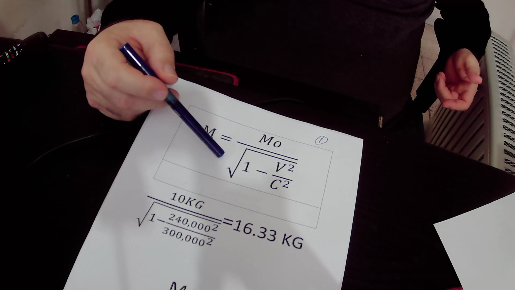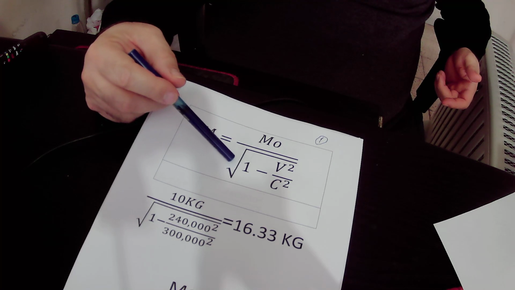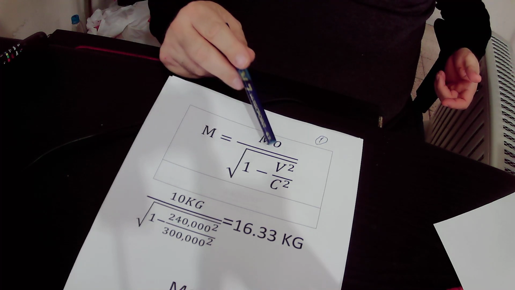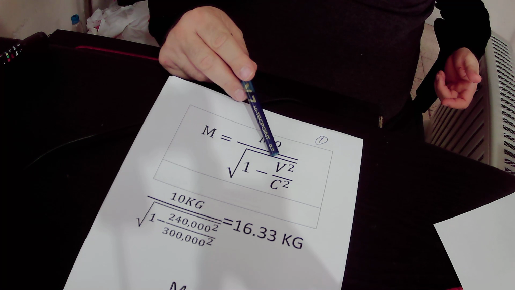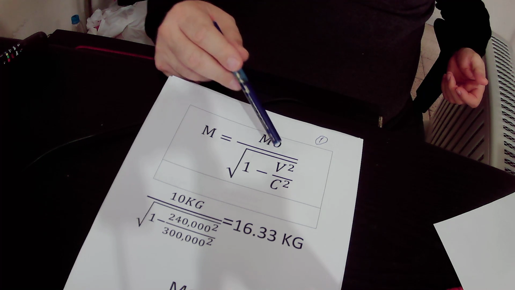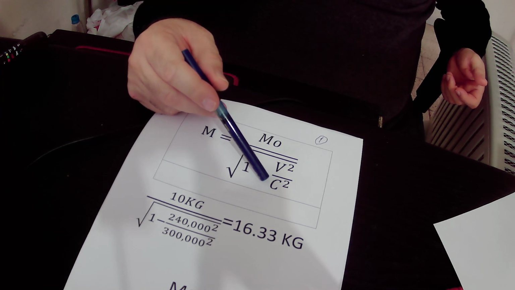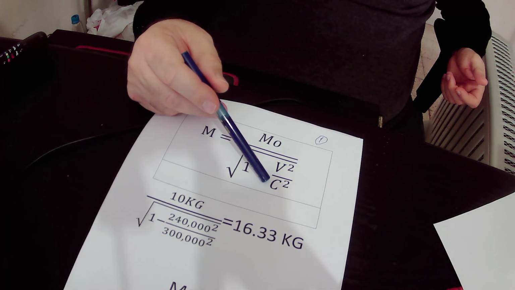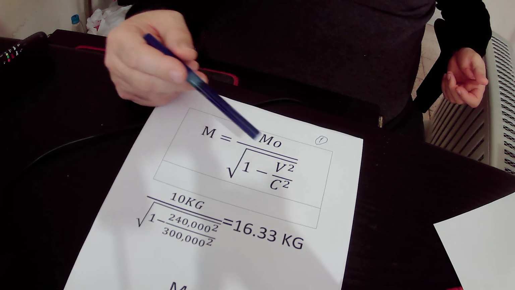And we divide it by the root of 1 minus the velocity of the object or the man that is traveling in the spaceship, squared, divided by the speed of light squared.